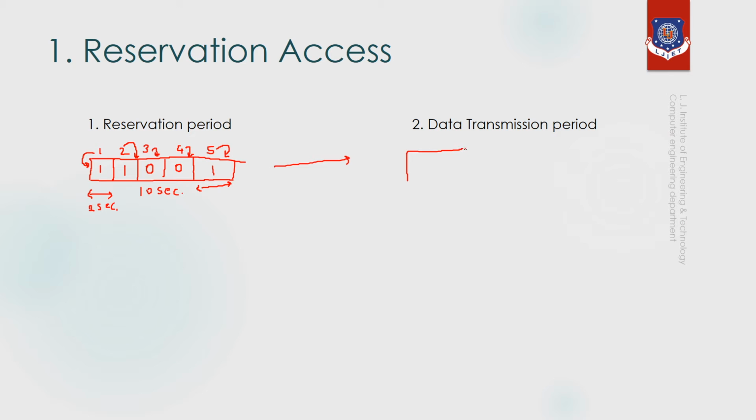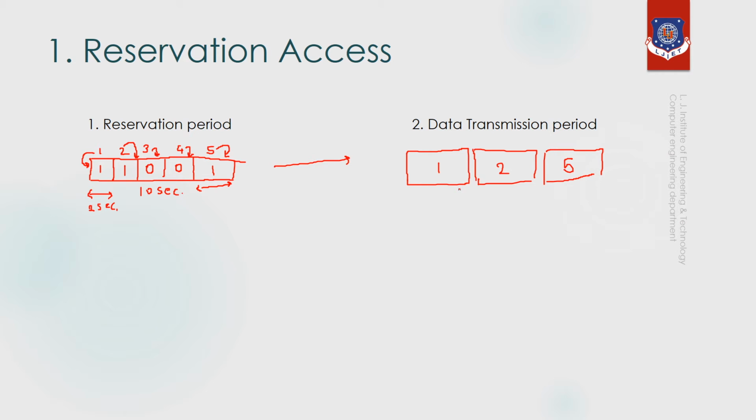So the first data which is sent is by device 1. After the device 1, the device 2 can send data, and after the device 2, the device 5 will send data, right?